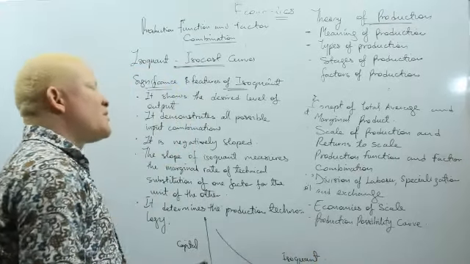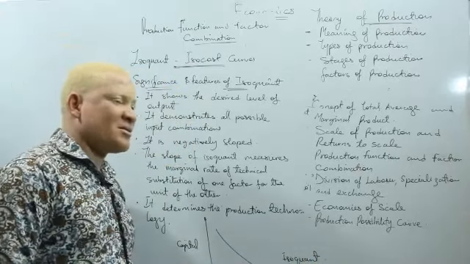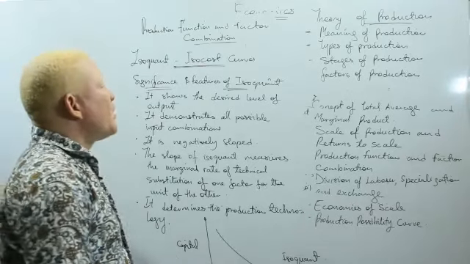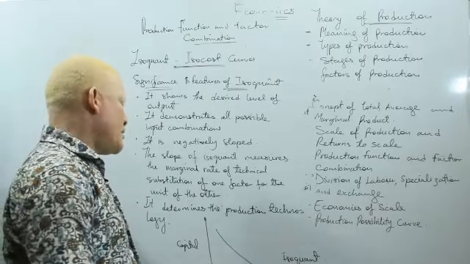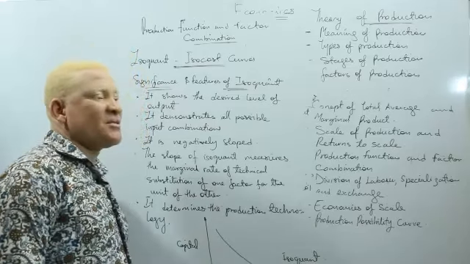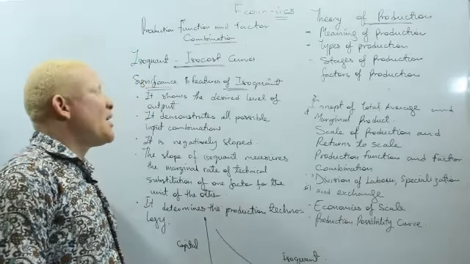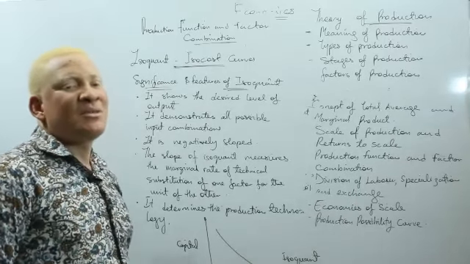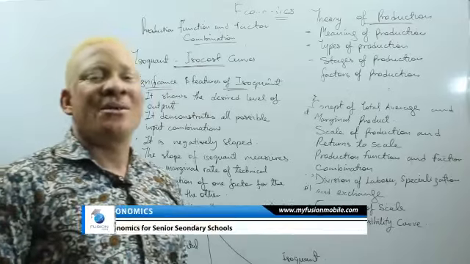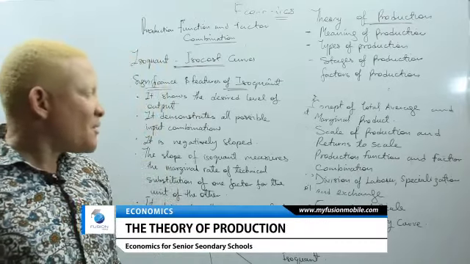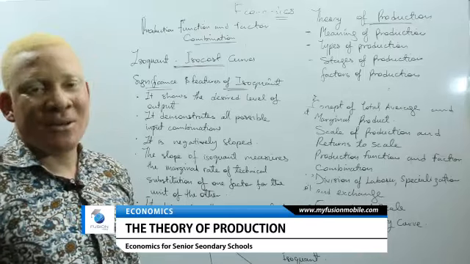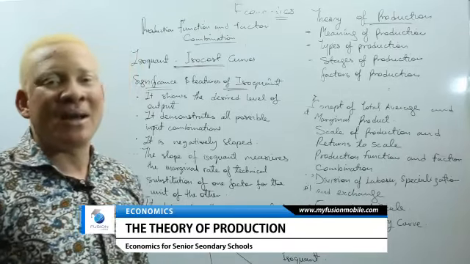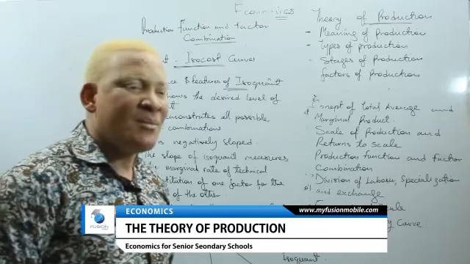Now, on the other side of it, which is the what? The Isocost. Like we defined the Isocost earlier on, it is a curve which shows the feasible or the practicable quantities of capital and labor that can be employed by a firm given its capital outlay and the unit price of the inputs.